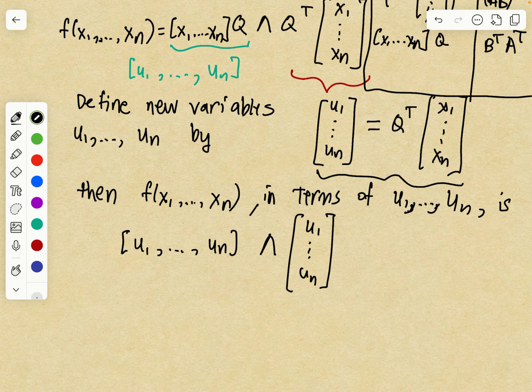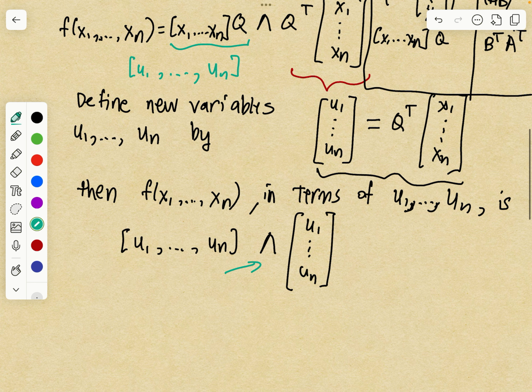And we get this. And now let's say that this matrix lambda is a diagonal matrix where the diagonal entries are the eigenvalues. Remember that the ui's are unit length eigenvectors of A, and the matrix lambda 1 through lambda n consists of the eigenvalues corresponding to those vectors ui.